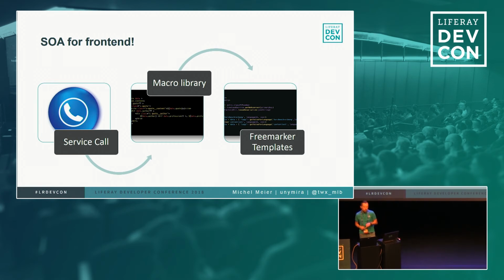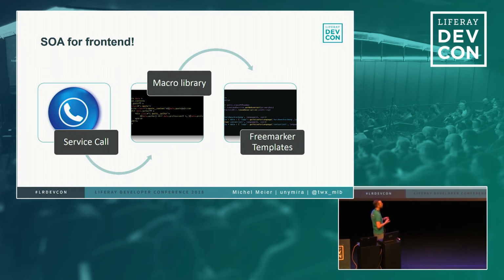As some of you who attended the talk of my colleague might have heard, we had this magical front-end service. The FreeMarker templates made one call, and they got the actual journal article to render back, put it into this macro library, and then it was displayed using the FreeMarker templates. Why did we do this?